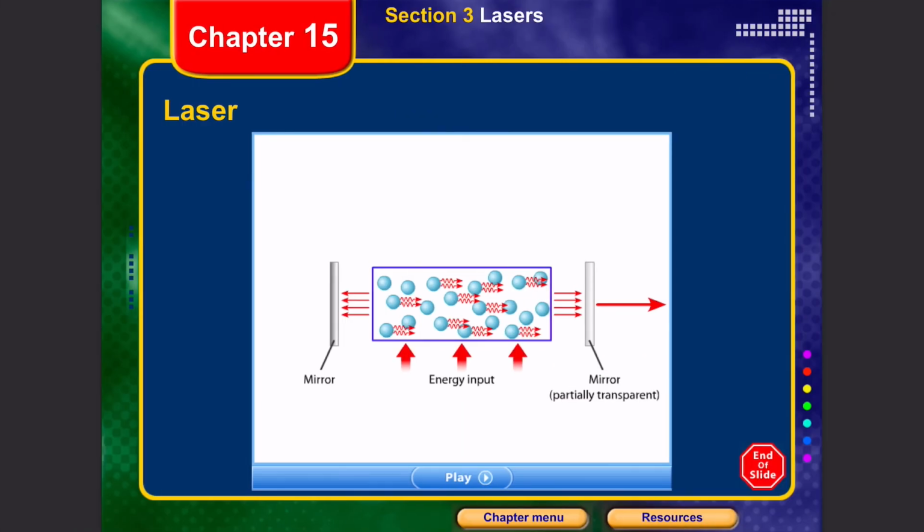One way of producing laser light is to input energy between a mirror and a partially transparent mirror. As the molecules vibrate, you have an electron with two positions. The electron goes to a higher state when it absorbs energy. When the molecule loses energy, it comes down to its ground state and releases that energy.